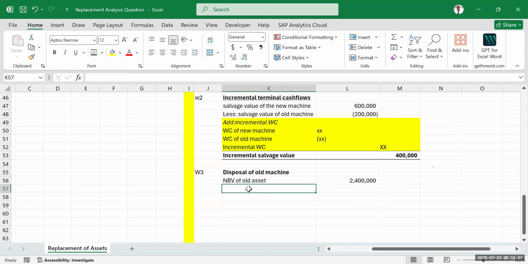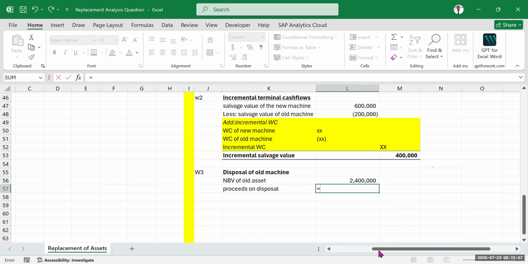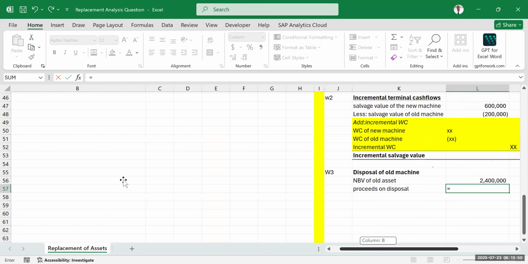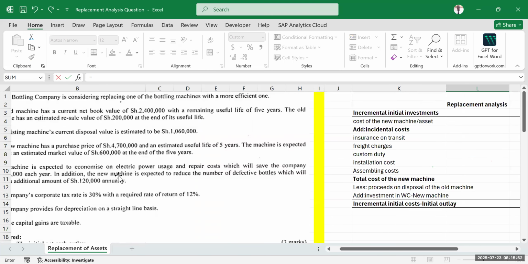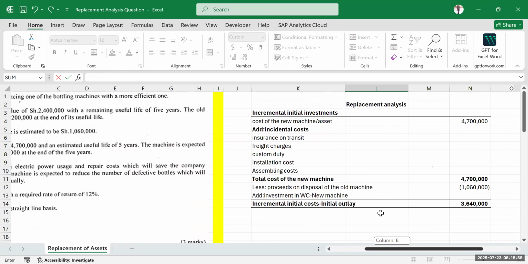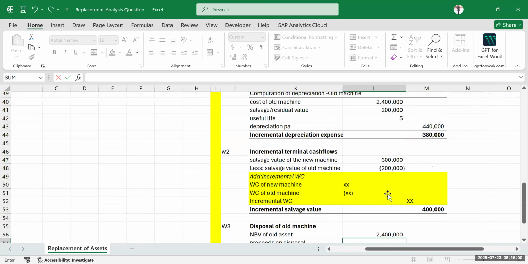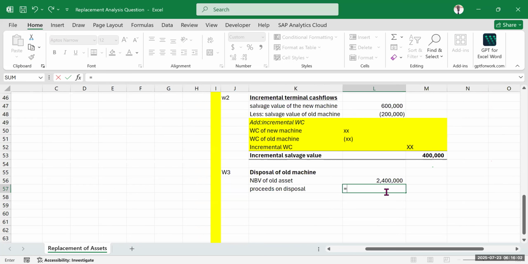This will give us the proceeds on disposal. How much did we get when we disposed of this asset? What we got was also given in the question. The existing machine's current disposal value is 1060. I think we even looked at it just a few minutes ago. So 1060.